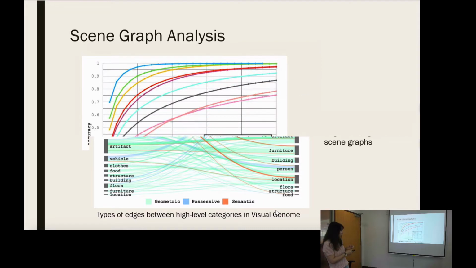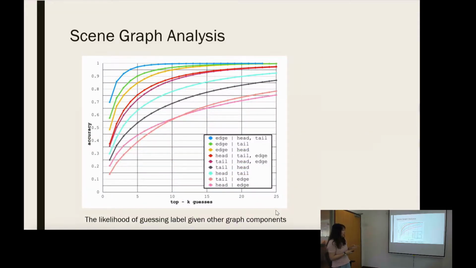Then we want to know how the object and the relation give us information when we have one component of the relation pair. For example, if we are given the head and the tail class, then defining the edge label is very easy to predict.